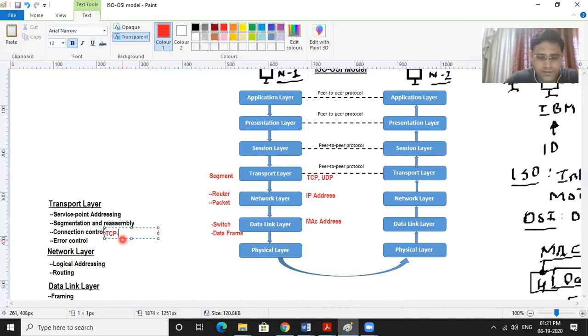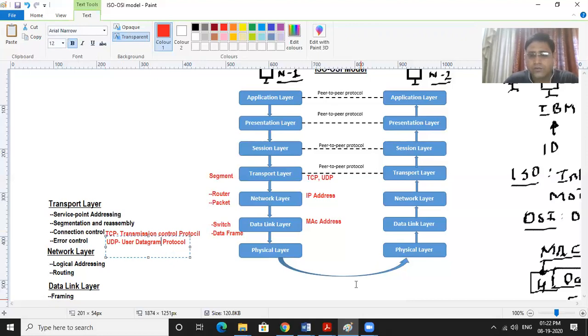TCP is transmission control protocol, and UDP is user datagram protocol.